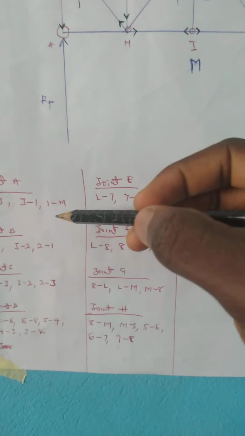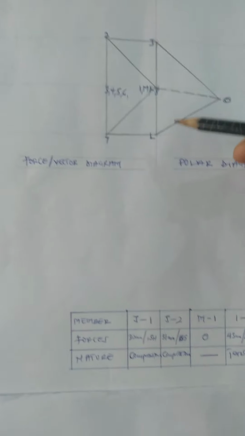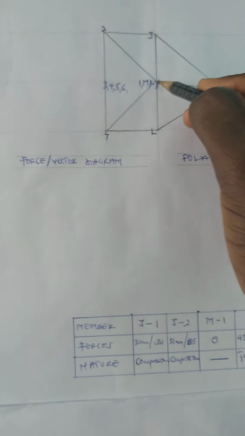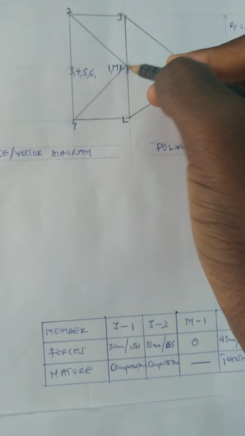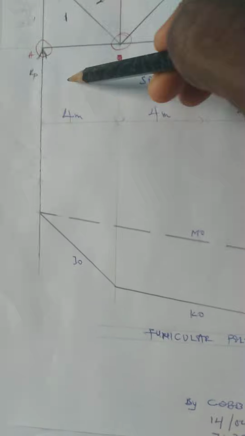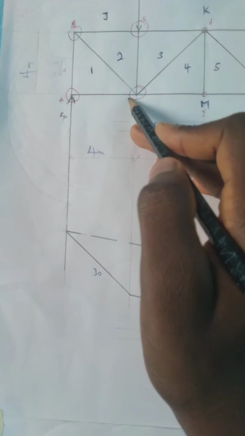We have another member, 1M, at joint A. For 1M, we move to the vector diagram. What happens? For 1M, there is no direction because 1 and M are on the same point. It means this member, 1M, has a zero force.